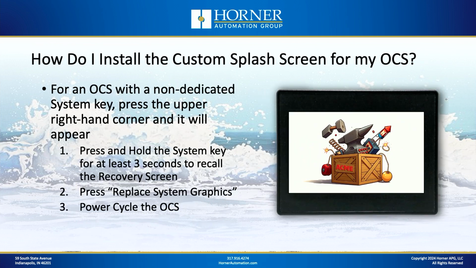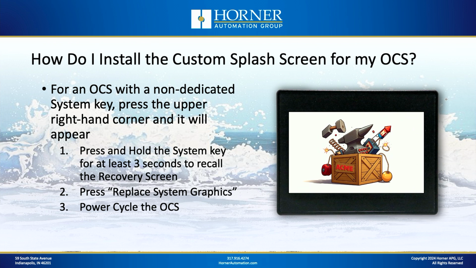Now, to load that particular splash screen, you go to what we call the system recovery system, or the recovery screen, if you will. Well, how do I access that? You access that by pressing and holding the system button for at least 3 seconds. You'll get a special menu that pops up.